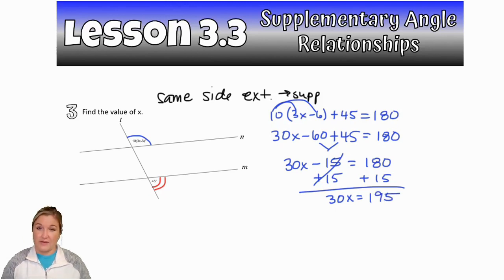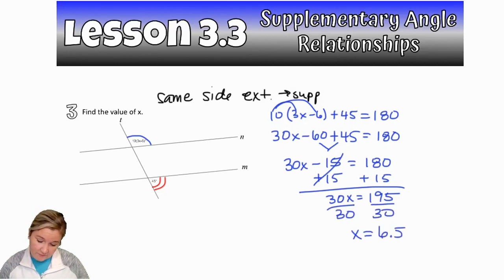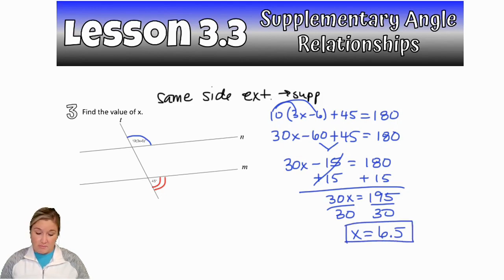Then I'll divide by 30, and I have 6.5. Again, not a real pretty number, but that's okay. It doesn't have to be a nice pretty number. Since it is a nice pretty decimal, I'll go ahead and write it as a decimal. So X is equal to 6.5.